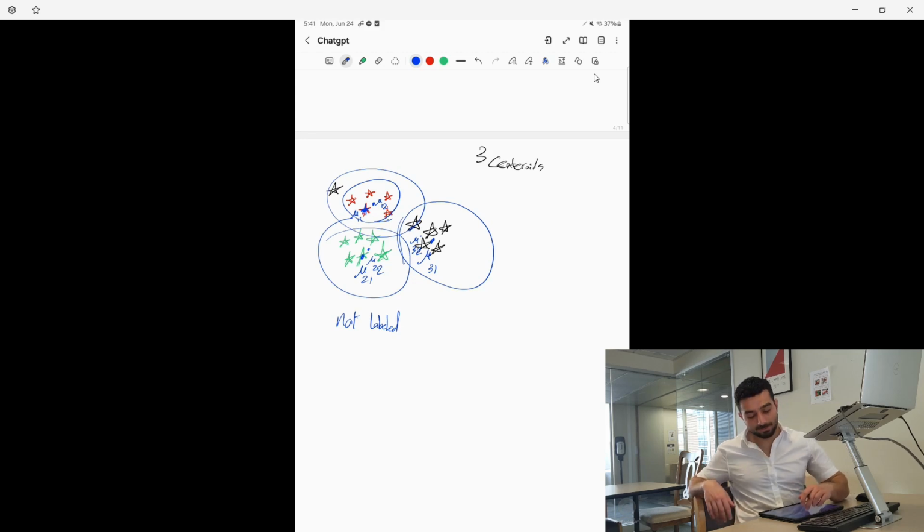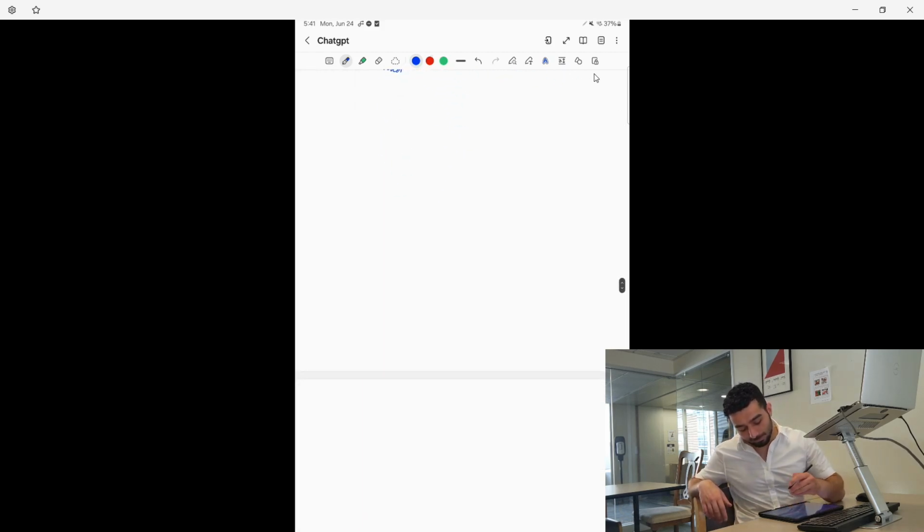Okay, if the data is not labeled, what would we do? Let's assume we have these red dots all over. And we want to have 3 points as the centroids. Right?